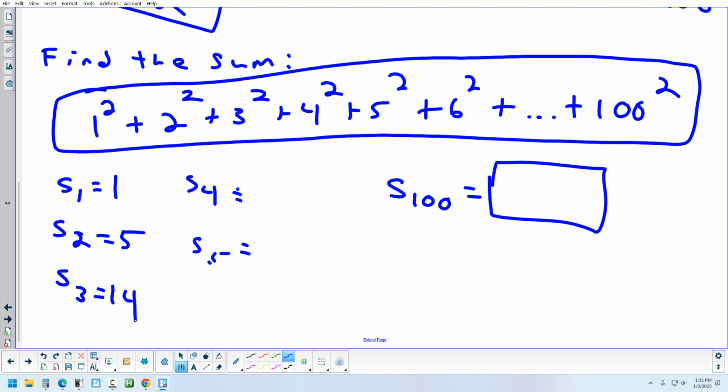And then to get the first 4 numbers, you're going to add 16 onto 14. So that will give you 30. And to get the first 5 numbers, you're going to add 25 onto what you already had. 55. And if that's all you have to do, that's not that bad. You can do it by hand. But I want to know the first 100.